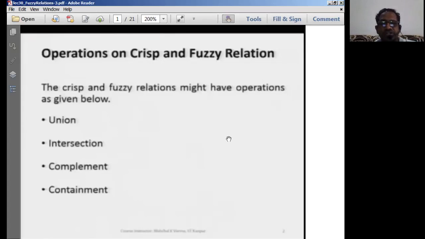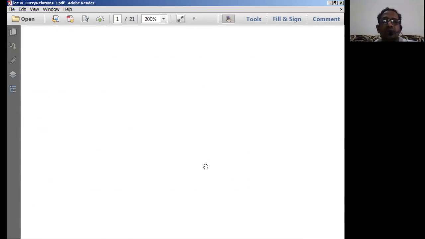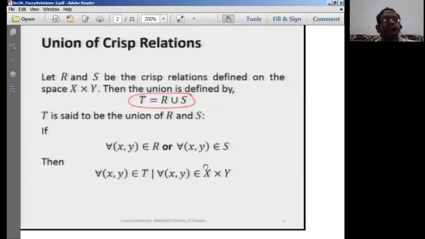In the previous session, we discussed about the difference in the fuzzy relationships in comparison with the crisp set relationships. In the fuzzy relationships, we're going to have extra parameter that is normally going to be the degree of belongingness represented by using the membership function. Now, we normally going to combine fuzzy relationships with the fuzzy set operations. That is union, intersection, complement, and containment. So let us try to go with the union operations.